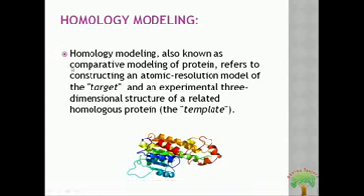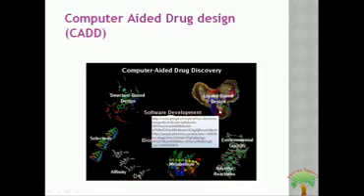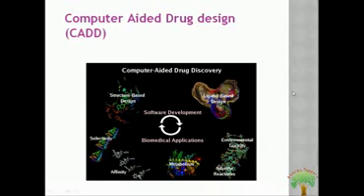Here it is clearly given in a definitive manner, that is comparative modeling of proteins refers to constructing an atomic resolution model of a target, and an experimental 3D structure of a related homologous protein is used as a template. Coming to computer aided drug design.